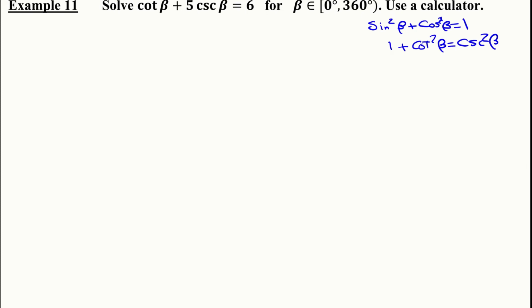That's cosine over sine of beta times 1 over sine beta, which brings in sine as well and is kind of messy, so we won't do that. Instead, we'll keep the cotangent beta on the left side, and move the 5 cosecant of beta to the other side to become negative. Now we'll square both sides, and we won't run into that problem anymore.